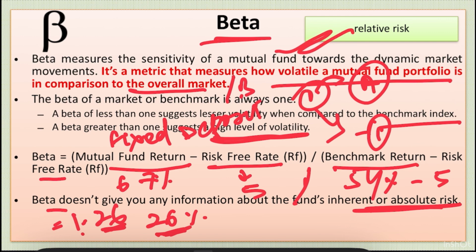The last point is that beta does not give us absolute risk, rather it tells us the relative risk. What do I mean by this? When we computed the beta, we compared it with the benchmark, but it did not give us one absolute value. It is making a comparison. To understand, say there are two cars, Ferrari and BMW.